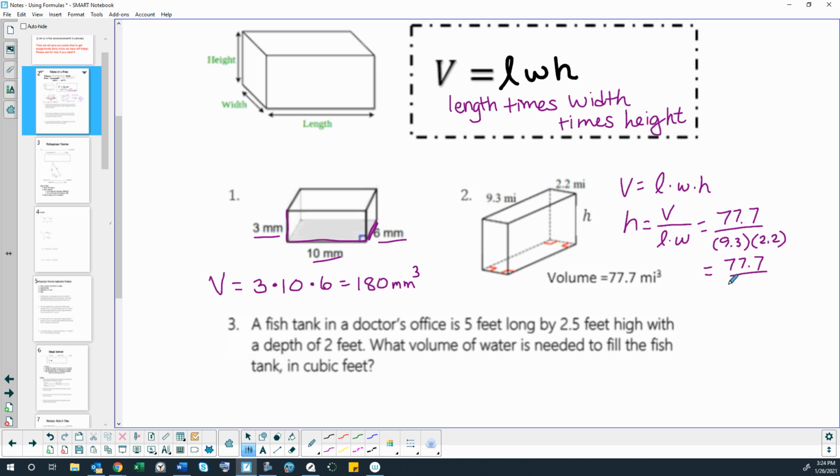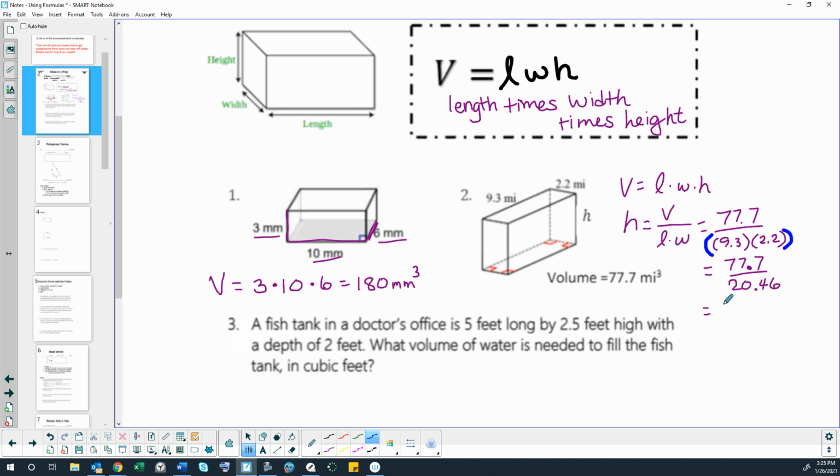Now, if you were to just put this in the calculator without putting parentheses, or without calculating that bottom part first, and you just did 77.7 divided by 9.3 times 2.2, then that 2.2 would actually multiply the 77.7 and you would get the wrong answer. So that's why I'm saying it might just be easier to multiply those together and find that number separately. Or just make sure you use parentheses right here around those numbers. The other parentheses wouldn't even matter. You would just use a times symbol in the middle.